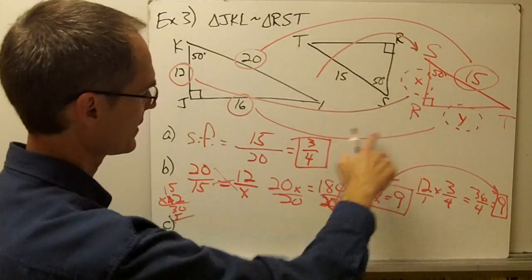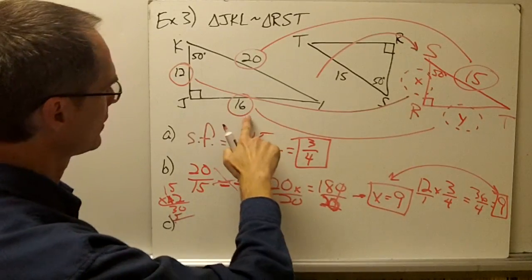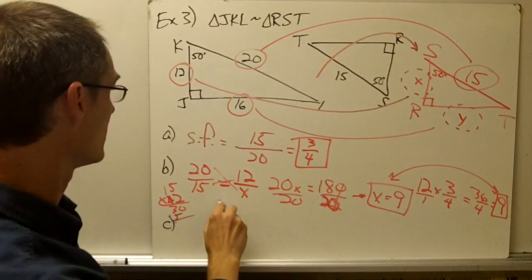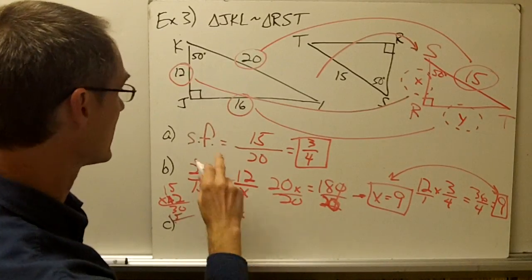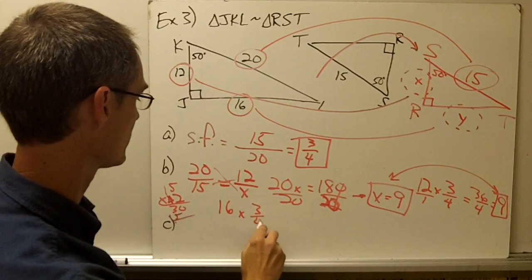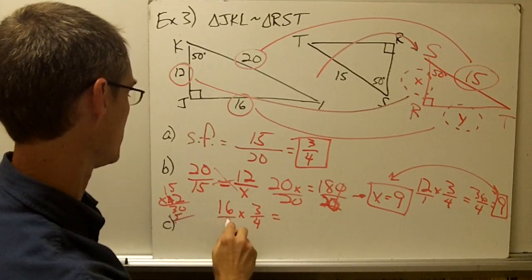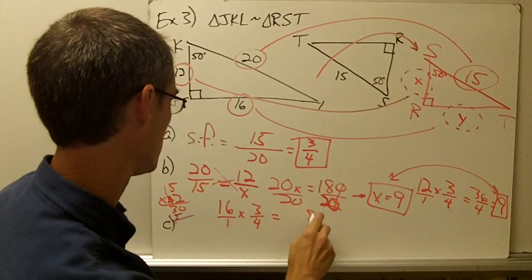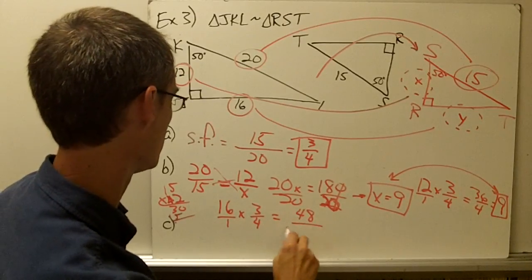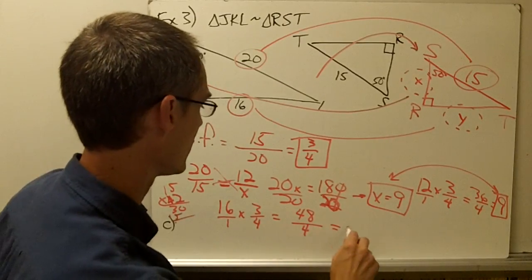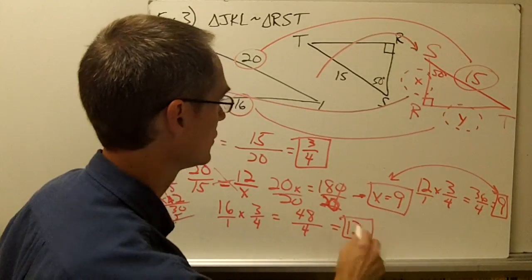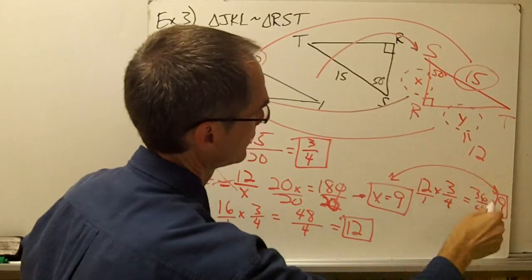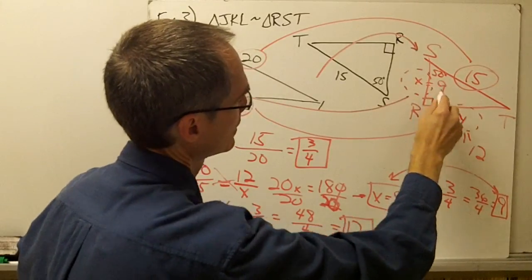I want the other side. I think I'm going to use the scale factor method. That seems a little bit easier to me. So I take this and multiply it times my scale factor. That gives me 16 times 3/4, which is 48 over 4, and 48 over 4 is 12. So I know the length of this side is 12, and the length of this side is 9.